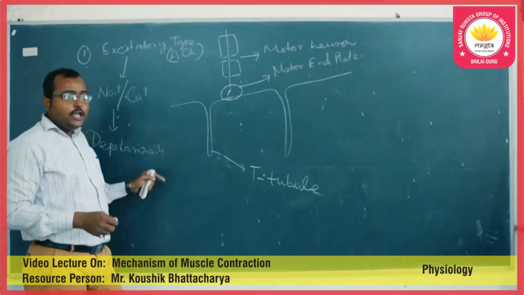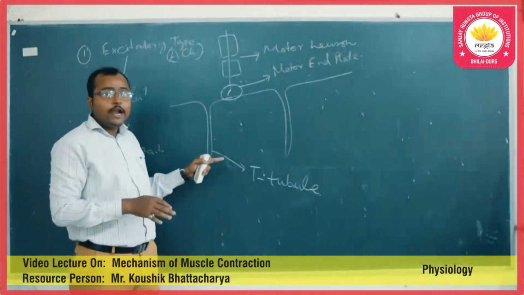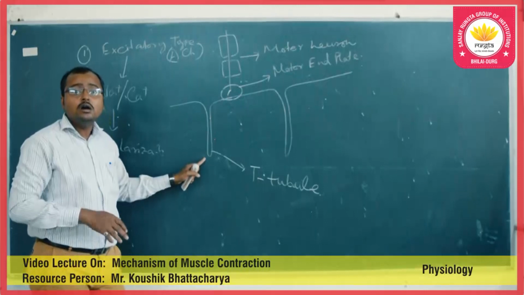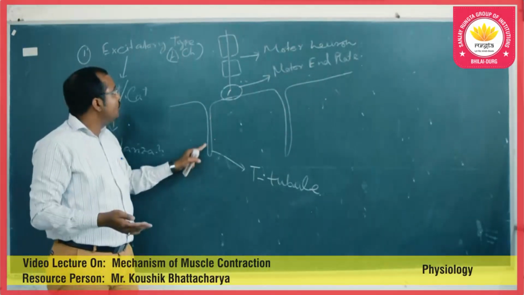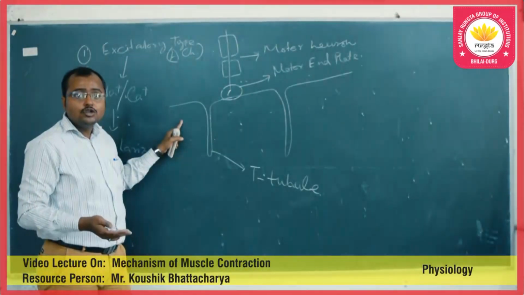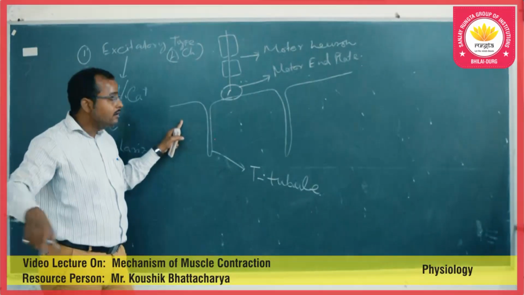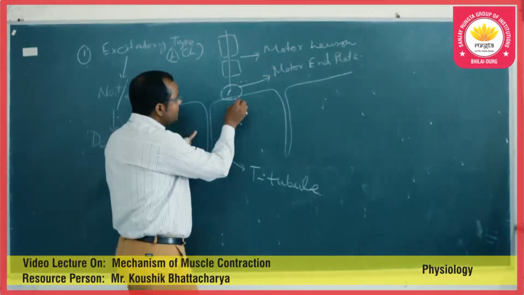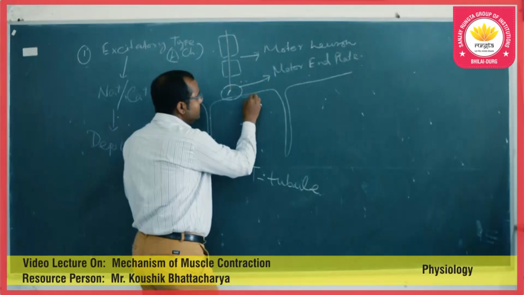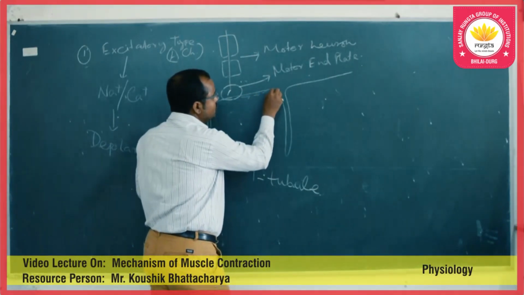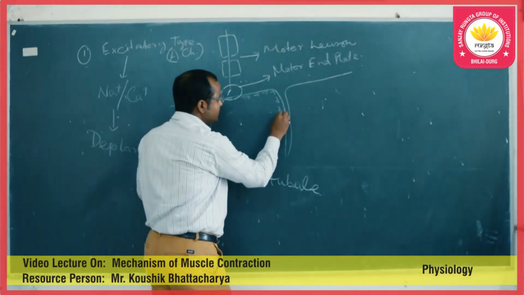And as this depolarization, or the action potential, is propagatory in nature, and the T-tubule is an extension of the sarcolemma, we can say that this action potential will travel through that sarcolemma structure.